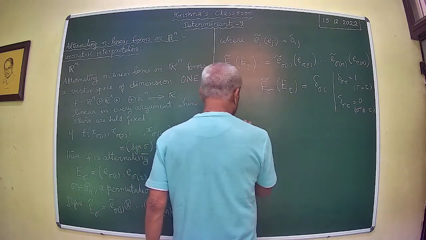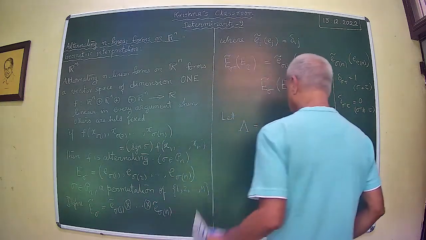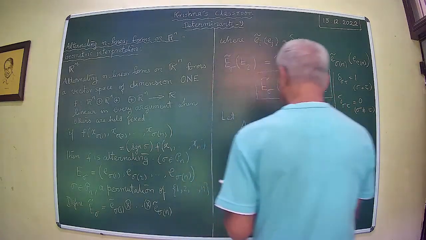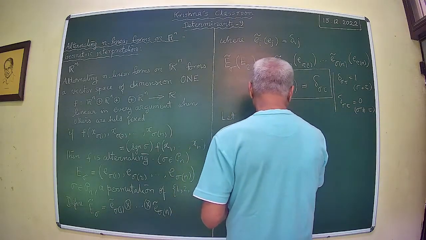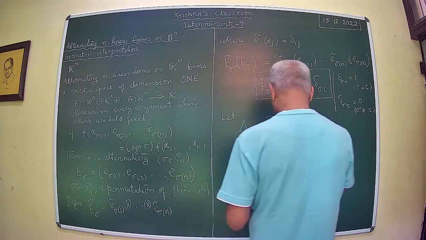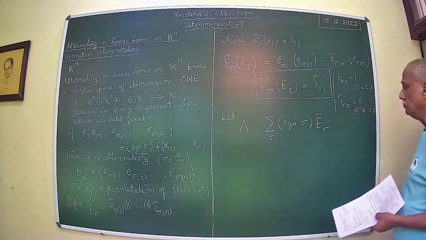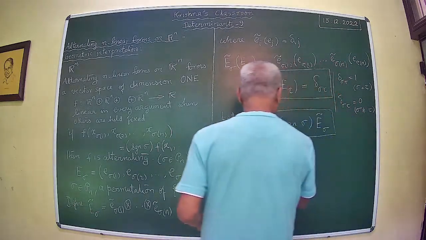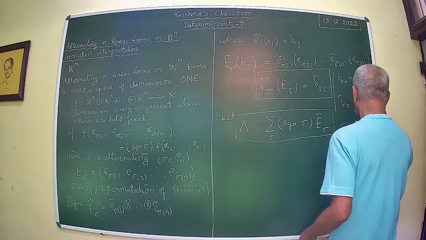Let lambda denote, let lambda be defined by summation over sigma, sign of sigma times E sigma tilde. So this is a notation where sigma of course belongs to Sn.